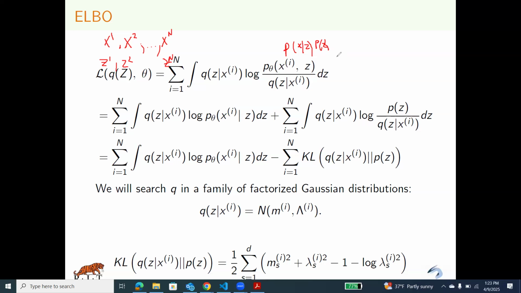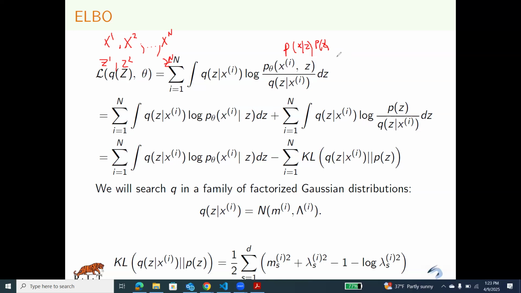I split into, again, a sum of logarithms. If you look at the second term, if we flip this fraction and we'll have Q on the top, it will be KL divergence.